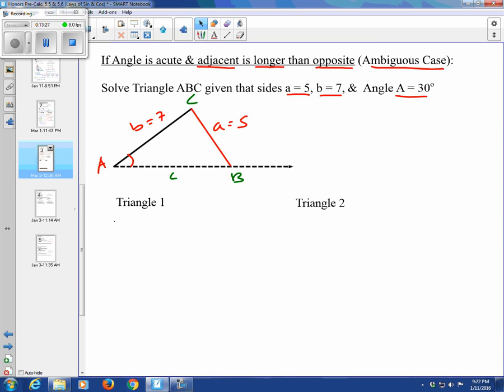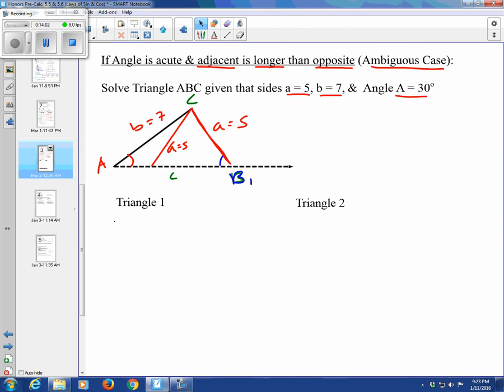So there are two ways that this smaller side A can fit within this angle A so that its end is touching B. It can fit right here and give us what we'll call B1, the acute angle B, or we can pick it up and put it down over here, and we'll get that same length of 5, fitting within our angle A. Let's try to draw this accurately.